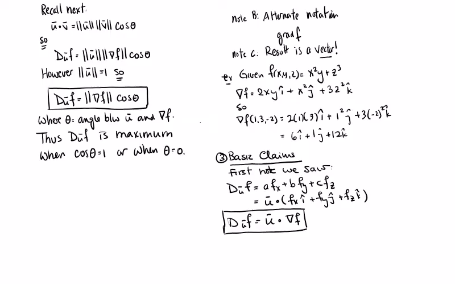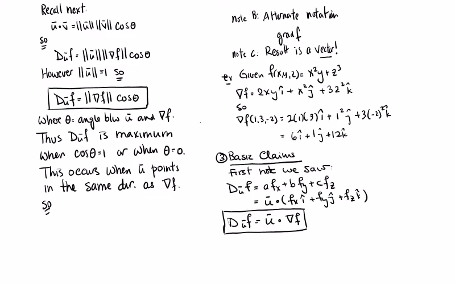Now, theta equals 0 means the angle between u and the gradient is 0, right? So this occurs when u points in the same direction as the gradient. So what this says is that the gradient itself points in the direction of maximum increase, or maximum change of f.